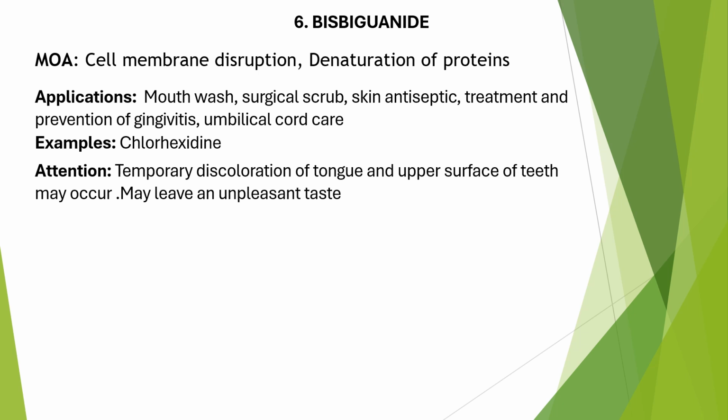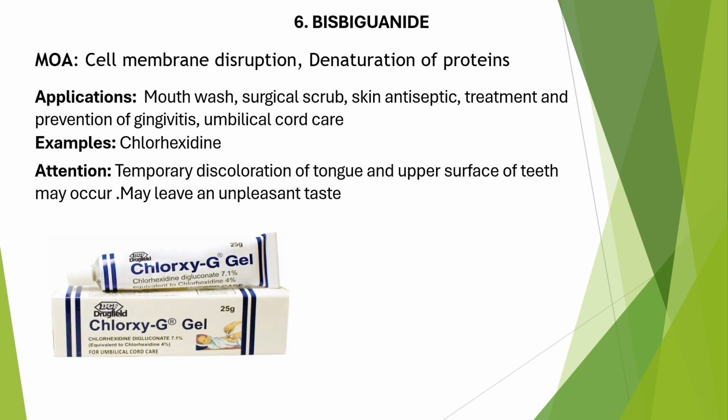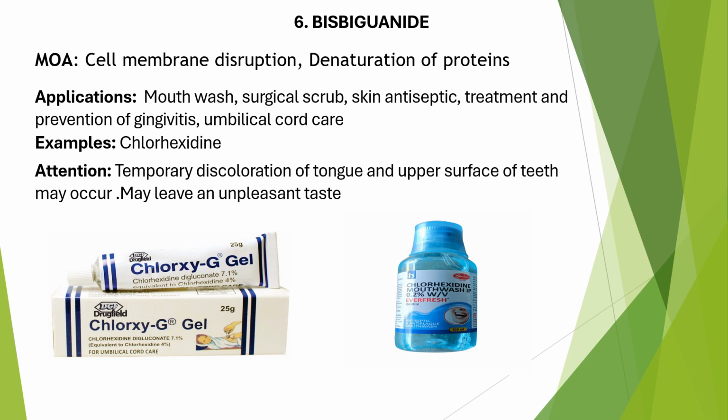What is the problem there? With chlorhexidine, it can cause temporary discoloration of the tongue and also the upper surface of the teeth. It may also leave an unpleasant taste. So that is chlorhexidine gel and chlorhexidine mouthwash.